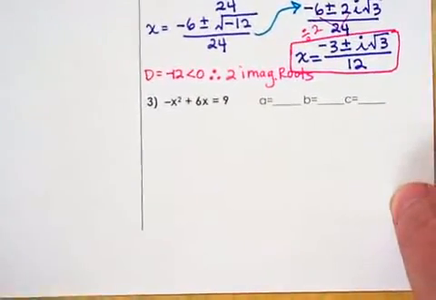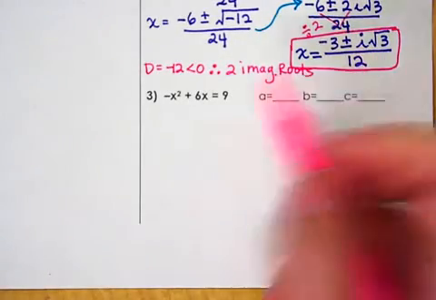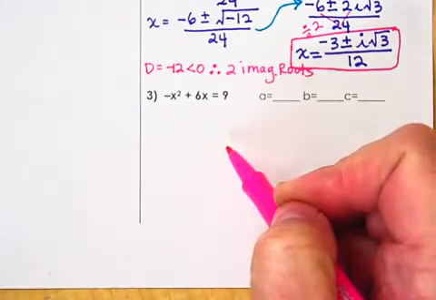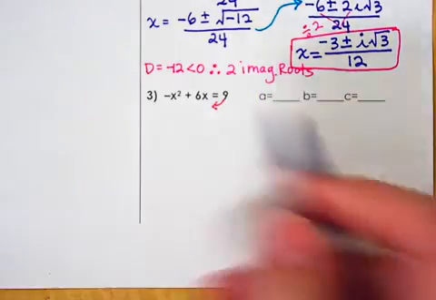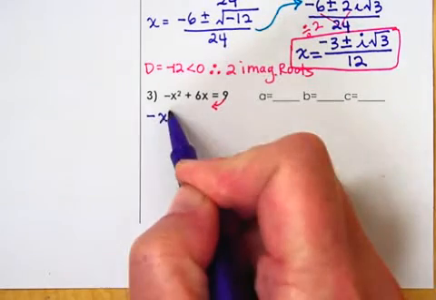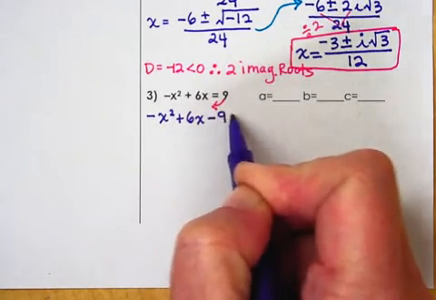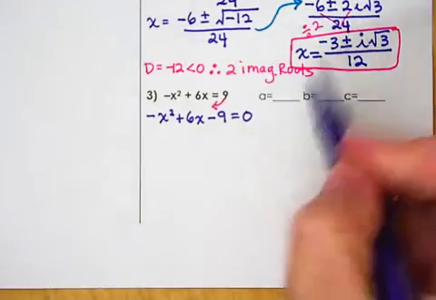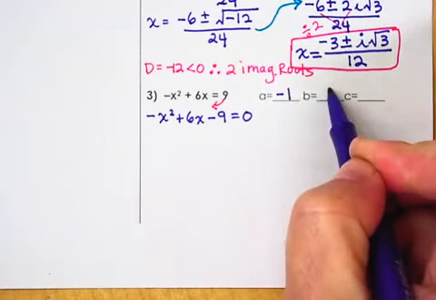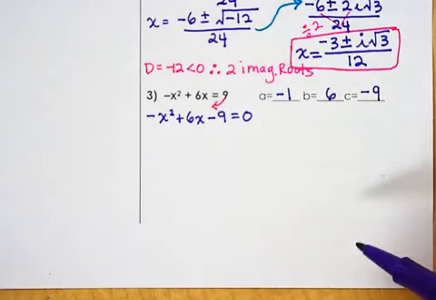Okay, last example. We first need to get this equation equal to 0, so I need to move the 9 over. So this becomes negative x squared plus 6x minus 9 equals 0. So a is negative 1, b is 6, and c is negative 9.